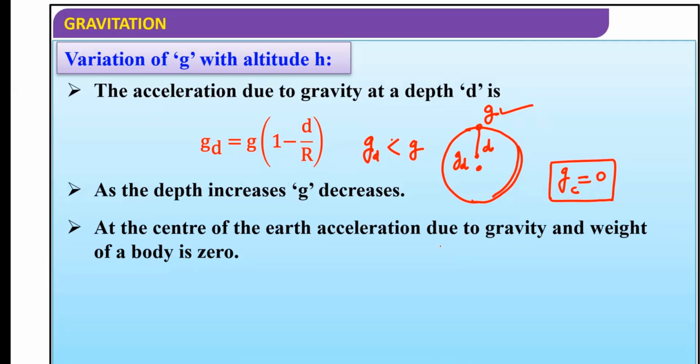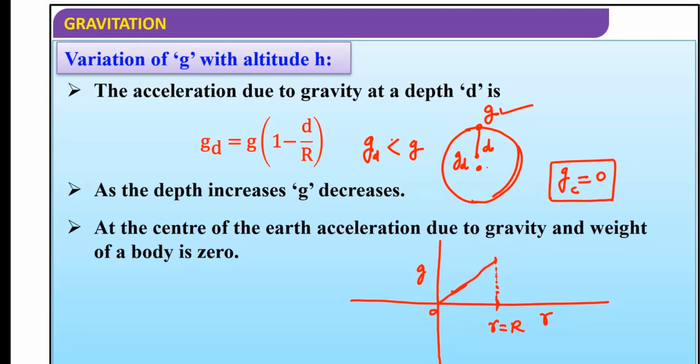Now we are going to plot the graph between the gravitational acceleration and the distance. So see here, initially if we take the distance from center of earth to surface, the gravitational acceleration will increase.